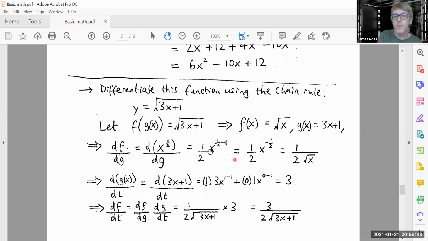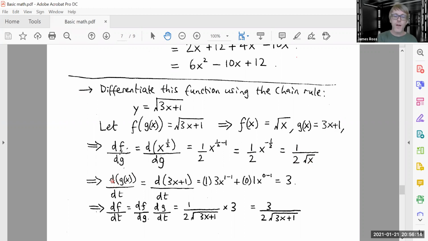The half becomes a coefficient, a half, and then we raise x to the original exponent, a half, but we subtract 1. So it's a half x to the half minus 1, which is negative a half. Negative a half just means 1 over. So instead of a half x to the negative a half, we write a half 1 over x to the half, which is just a half 1 over square root of x.